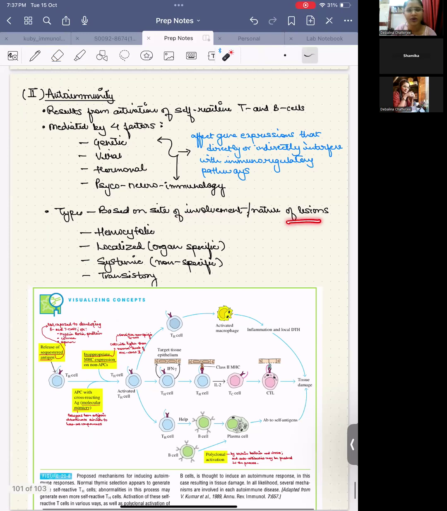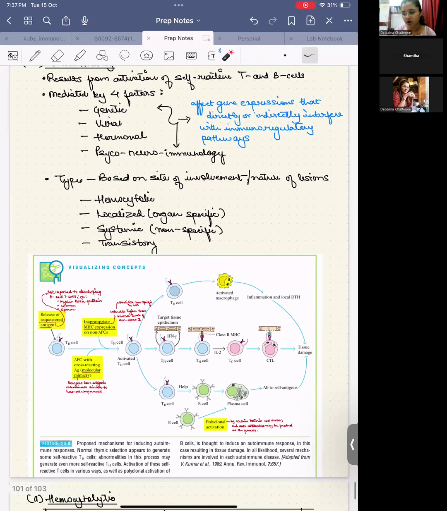Nature of lesion means what is the damage that is getting caused. So, it could be hemocytolytic, localized, which also translates as organ specific, or it could be systemic. Systemic means non-specific and anything that is happening in the generalized body throughout your body, right?